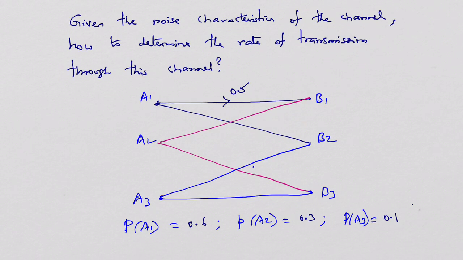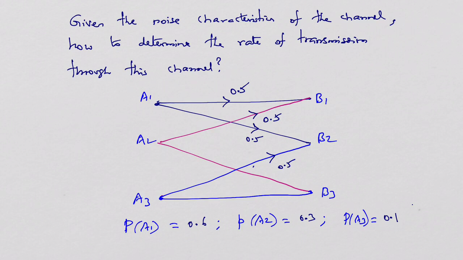Similarly, the probability of getting B1 when A2 is transmitted is 0.5, and the probability of getting B2 when A1 is transmitted is 0.5. The probability of getting B2 when A3 is transmitted is 0.5.